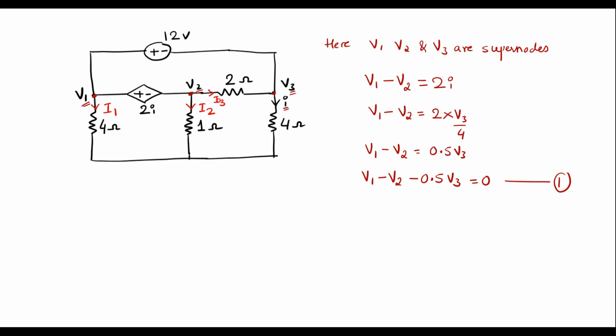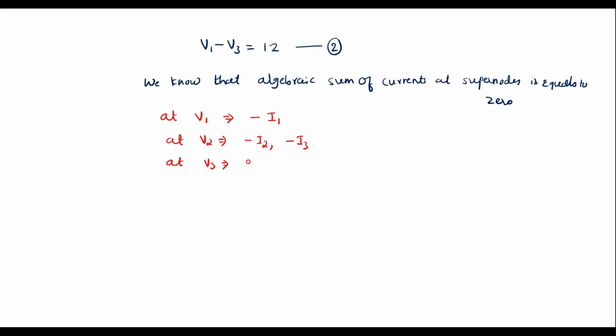Take incoming current as positive and outgoing current as negative, so I can write plus I3 and minus I. According to this definition, the algebraic sum of currents at supernode is 0. That is minus I1 minus I2 minus I3 plus I3 minus I is equal to 0. Or I can simplify this: the I3 gets cancelled, so minus I1 minus I2 minus I is equal to 0.